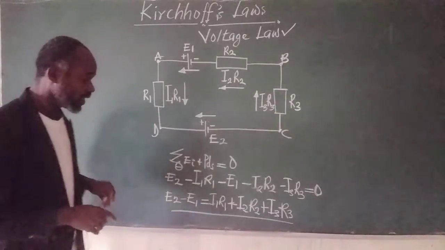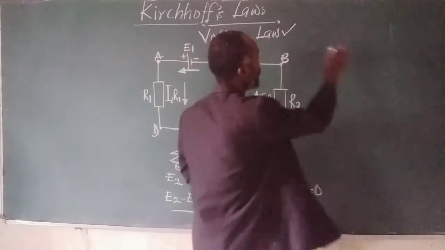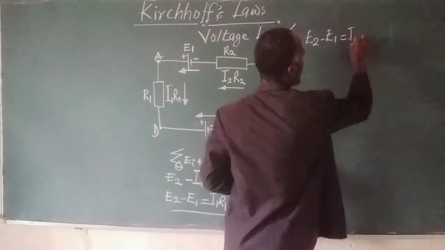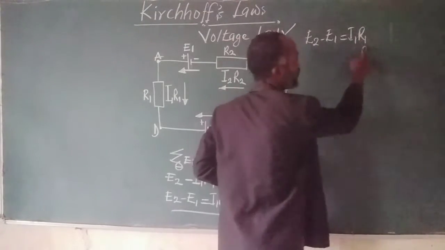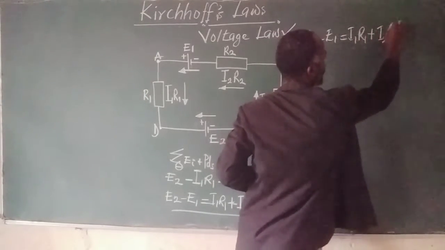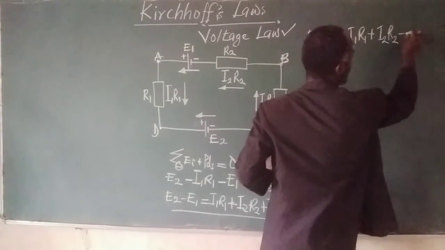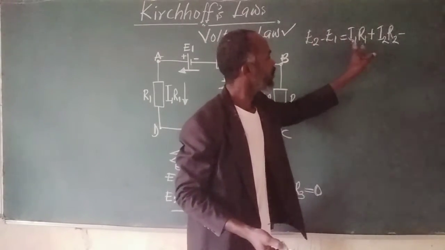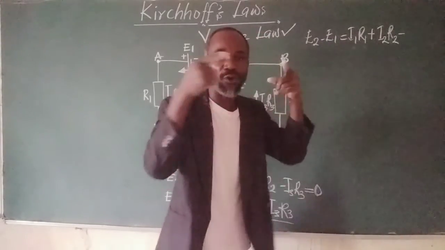With that, if we know all this, there's also some analysis we need to do: E2 minus E1 is equal to I1 R1, that is current 1 and resistance 1, plus current 2 and resistance 2. We should also take note of this, that current 3 is a split of current 1 and 2, because it is only current 1 and 2 that will combine to flow into the junction.